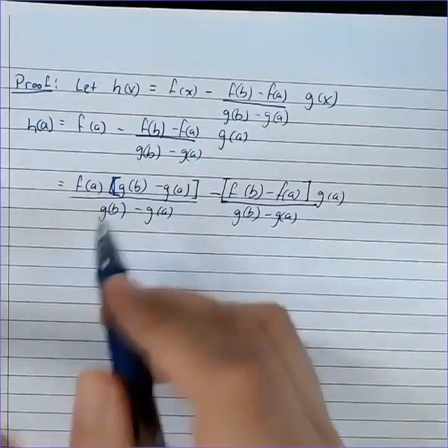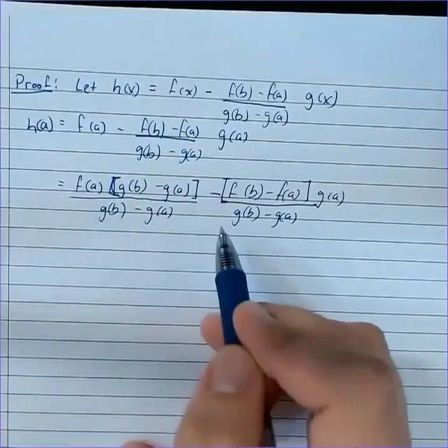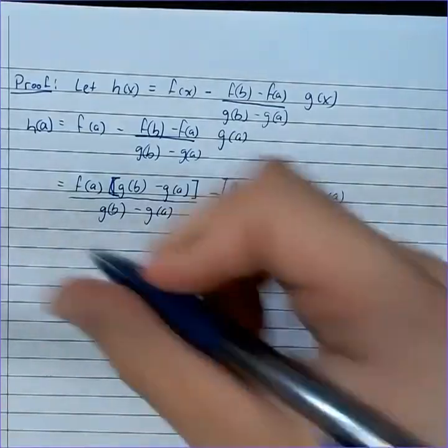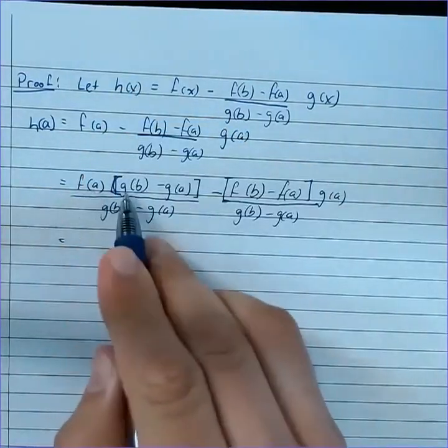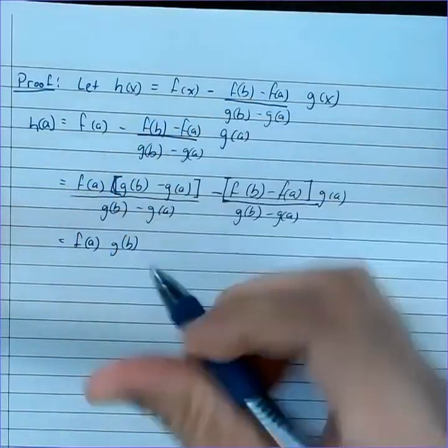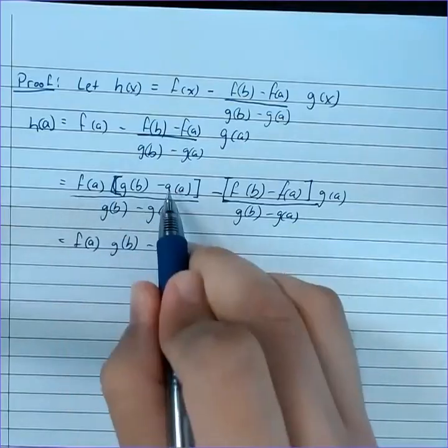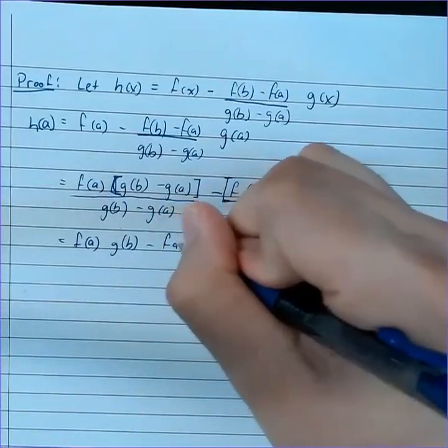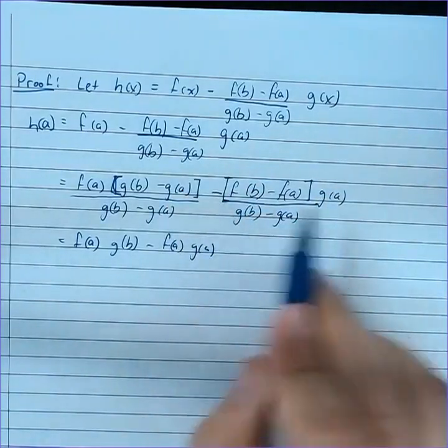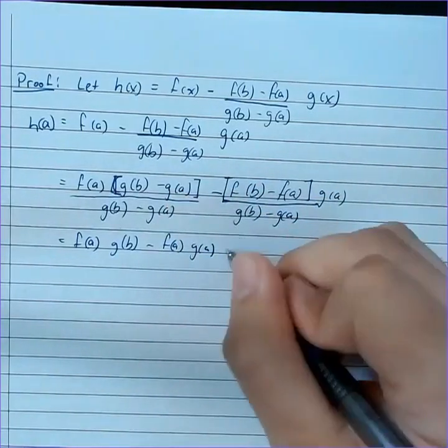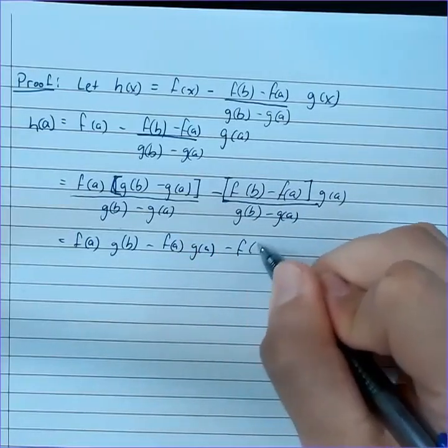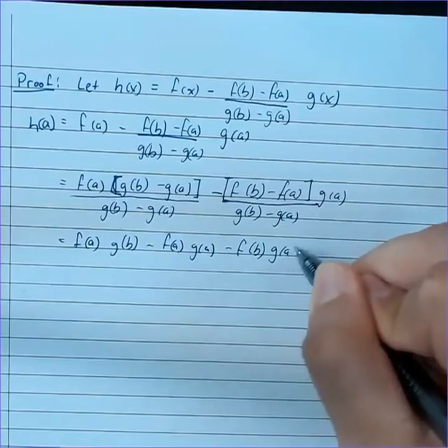And now I can even combine these. Since they have a common denominator, I can distribute some stuff here and then combine everything together. So that'll be f at a times g at b minus f at a times g at a. Now that's minus g at a times f at b. So minus, let me distribute this one out. So that's going to be f at b, g at a.